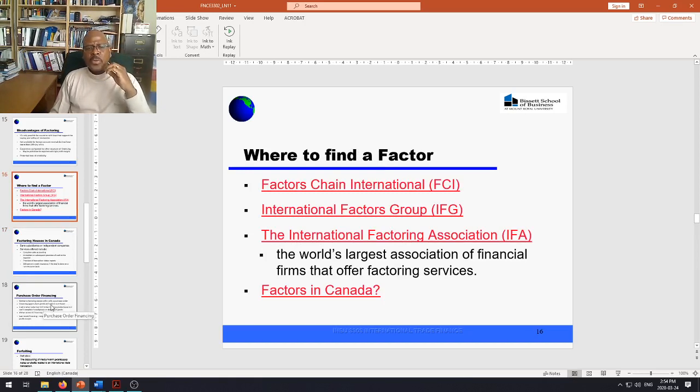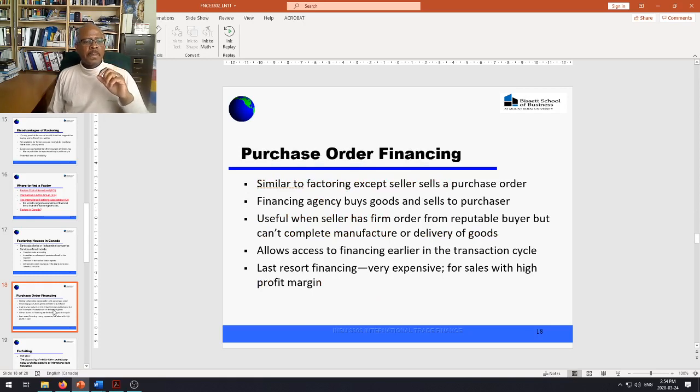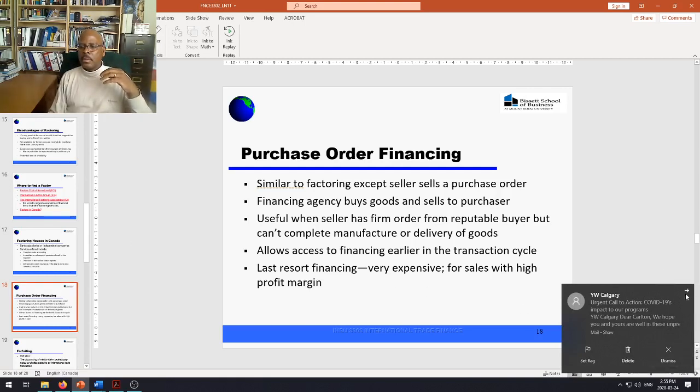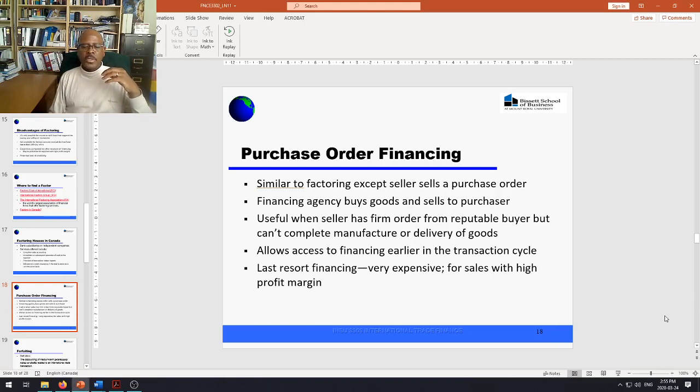Before we get to medium-term financing, there is one method of financing that I want to mention, and that is purchase order financing. So it's similar to factoring in the sense that the exporter, the seller, essentially is going to sell an invoice that they have.